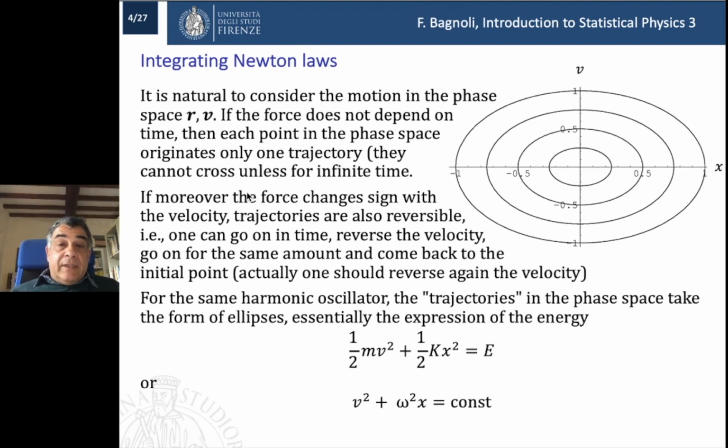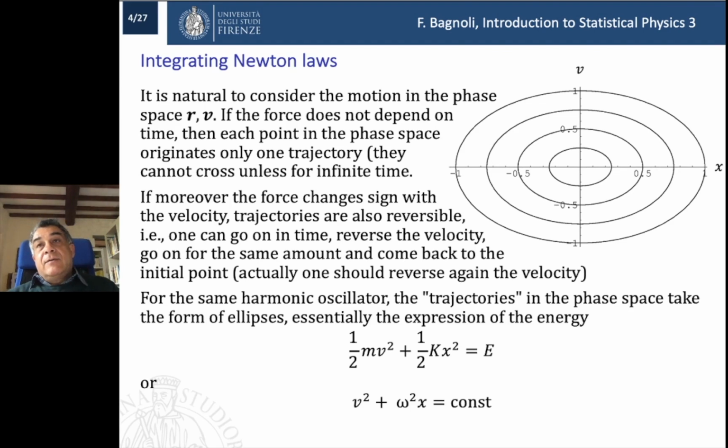And moreover, if the force does not change sign with the velocity, trajectories are also reversible. I mean that if I take one point and I reverse all velocities, then the motion should go backward in time and reach the same initial point.